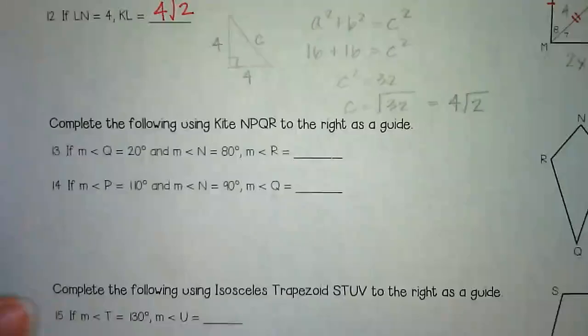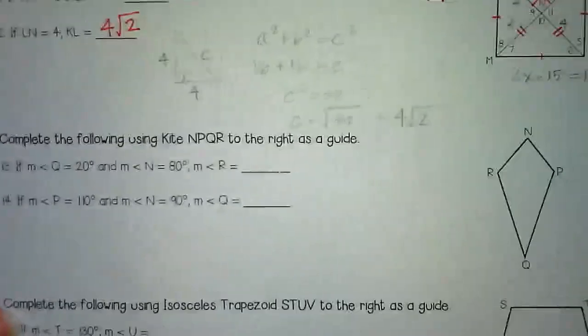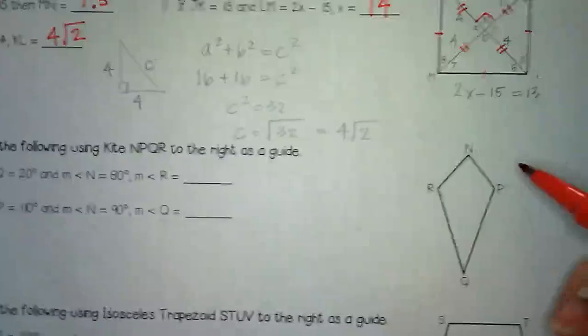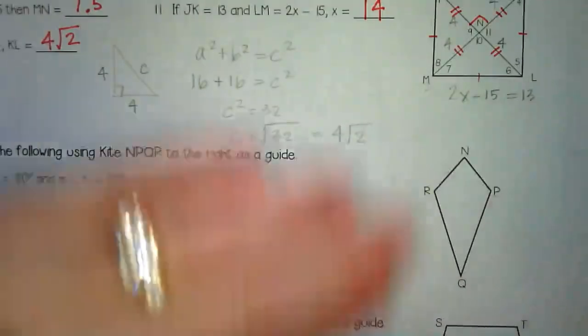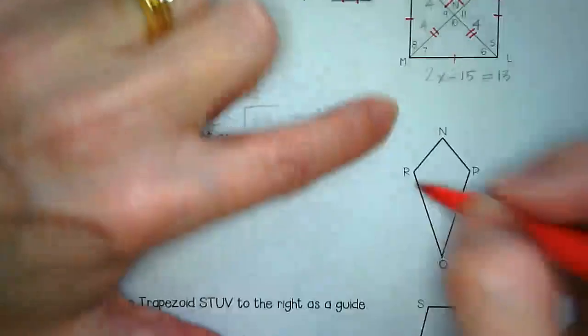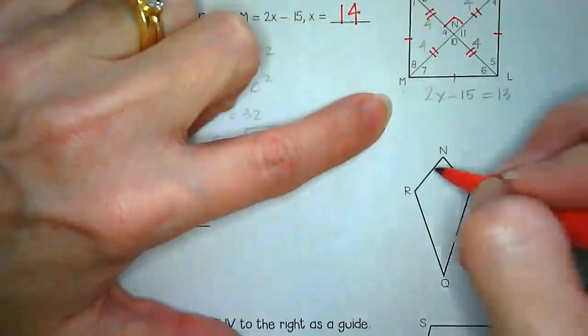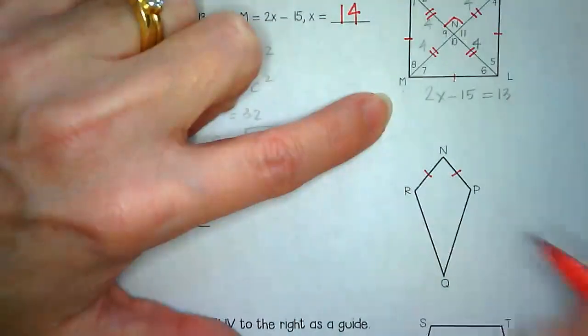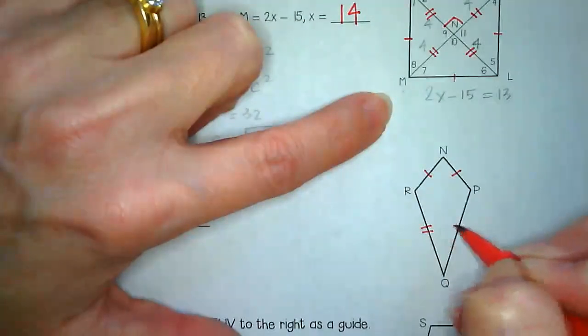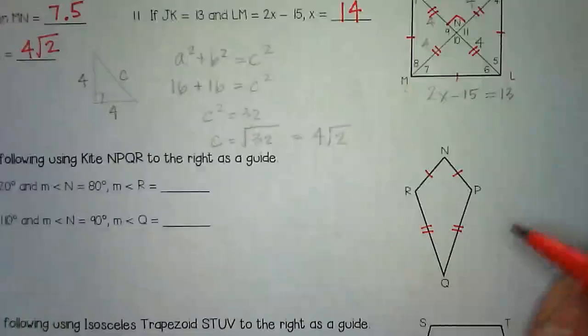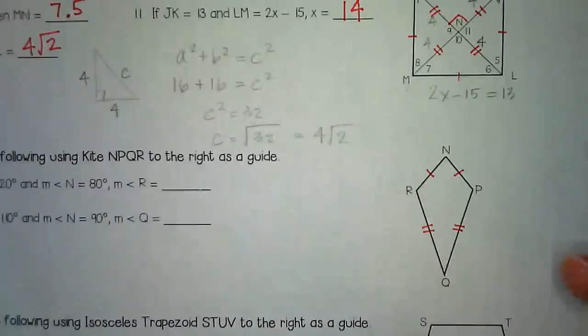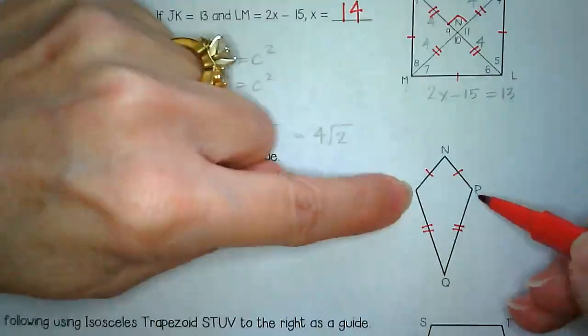Okay, next one. Kites. All right, so this is a kite. There's a lot of stuff on kites. The diagonals are not drawn in here, but that's fine. We know that those two consecutive sides are congruent, and we know those two consecutive sides are congruent. And on a kite, we only have one set of congruent angles, and those are the ones across from each other.